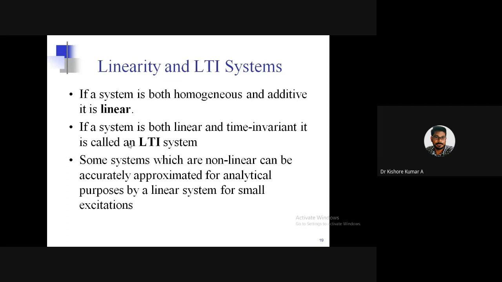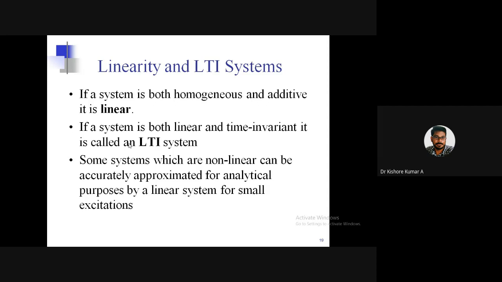And here next is linearity and LTI systems. So far, homogeneity and the additive property have been discussed, and now for linearity and LTI systems, we need to check whether the system is linear and thereby linear time invariant.